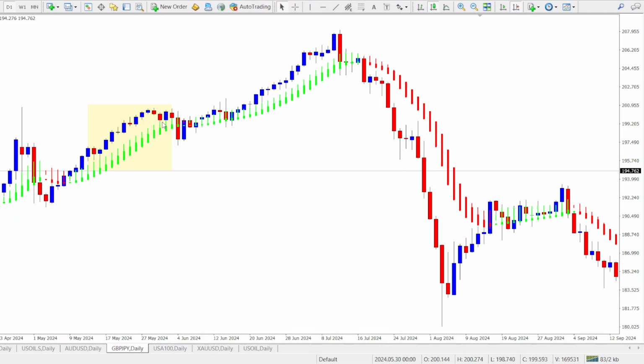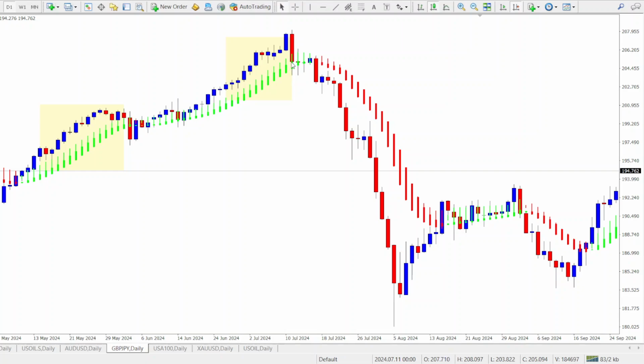Then when the candlesticks began to come close to the indicator again, it shows that the momentum had decreased, and we can see that it happened here again. As the momentum was getting strong, the distance between the candlesticks and the indicator started getting wide apart, and then when the momentum started getting weak, the candle and the indicator began to touch again.